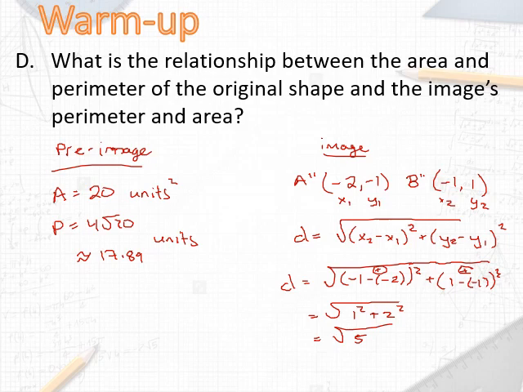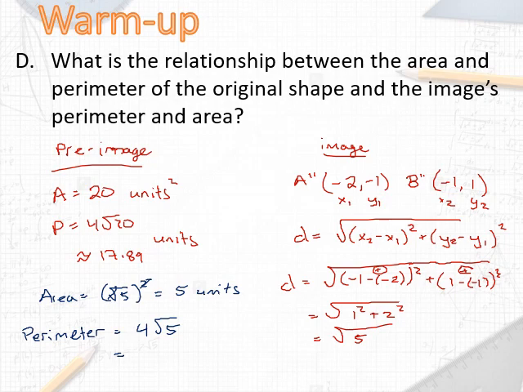Area is going to equal square root of 5 squared, which we saw from earlier. They just cancel, and we get 5 units. And then perimeter is going to be 4 times the square root of 5.